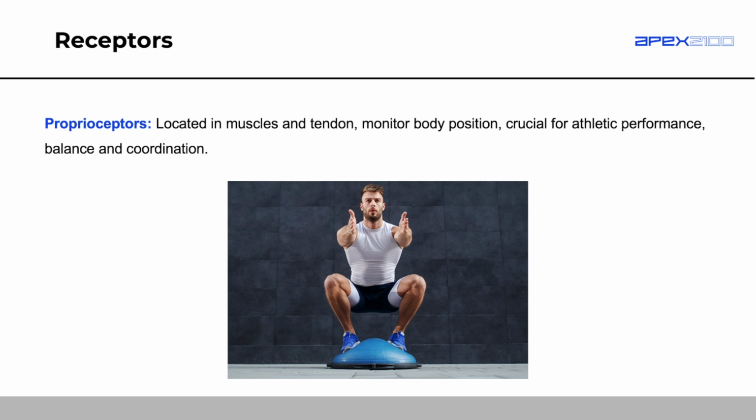These are located in our muscles and tendons, and they monitor our body position, and they're really important for sports, athletic performance, and maintaining balance and coordination. You have probably done some sort of proprioception training in your program as well, and you might be standing on a Bosu ball like this guy and catching something and trying to balance. This is all training your proprioception system.